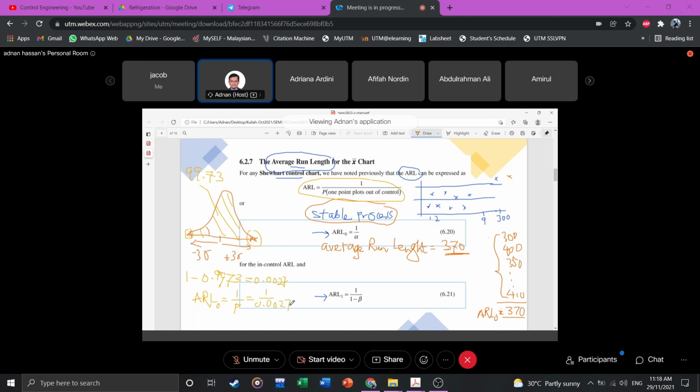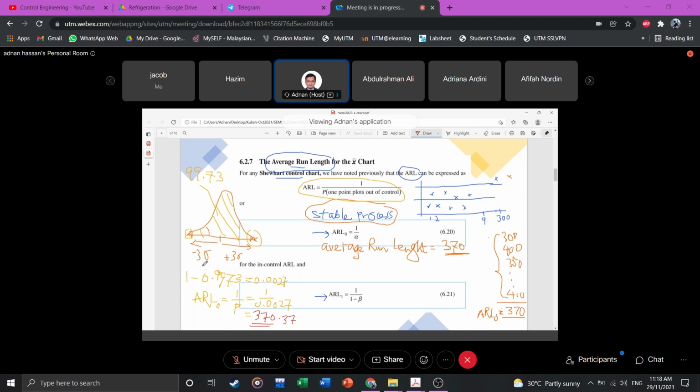This is for a stable process. What do you get for this number? 1 over 0.0027. Can somebody help me put it in your calculator? 370. So we can round off and say 370.